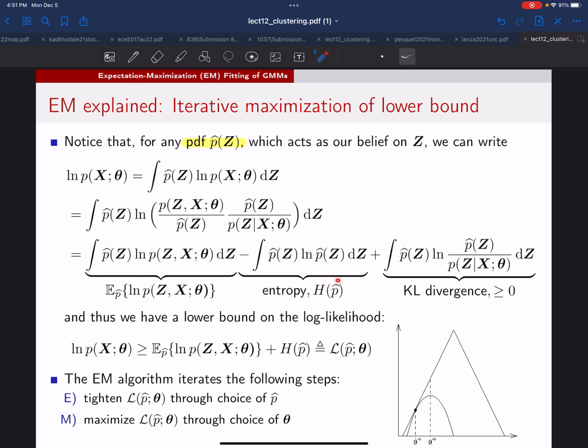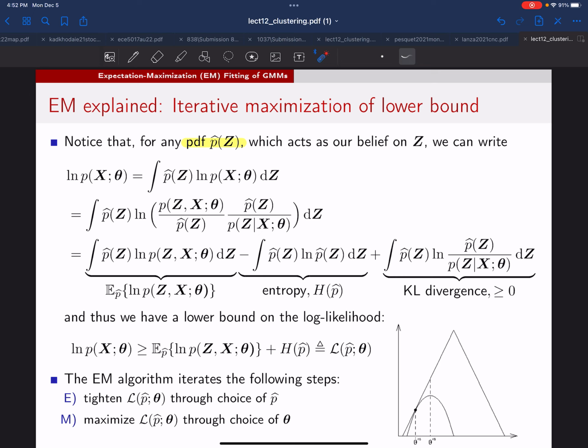It's sort of a measure of how much randomness there is in p hat. And finally, this last term here is known as the KL divergence, the Kullback-Leibler divergence. This quantity is known to be non-negative, no matter what. No matter how you choose p hat of z, this is always going to be non-negative.